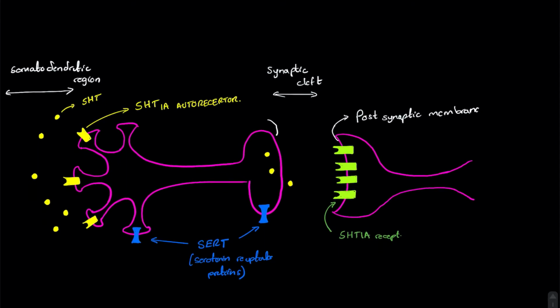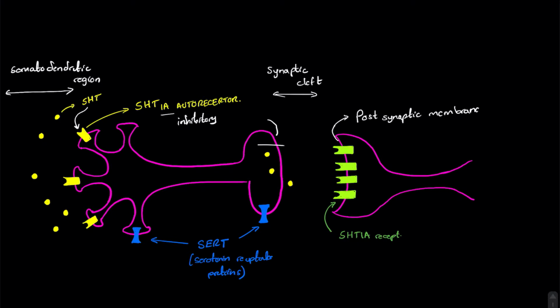Now, what happens is that the 5-HT1A autoreceptor is inhibitory, which means that when the 5-HT comes and attaches to the 5-HT1A autoreceptor, it would reduce the firing of this neuron, which would downstream minimize or reduce the ejection or production of serotonin in the synaptic cleft.